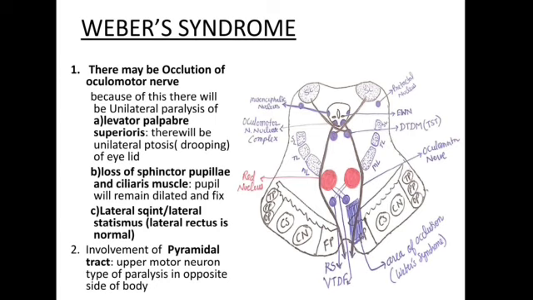Pupil will remain dilated and fixed. And lateral squint or lateral strabismus due to normal lateral rectus muscle, and other remaining extraocular muscles will be paralyzed.